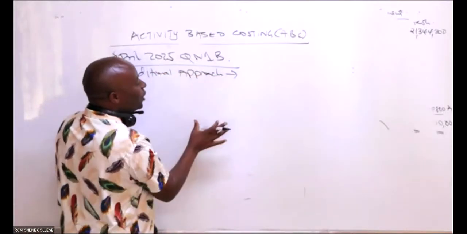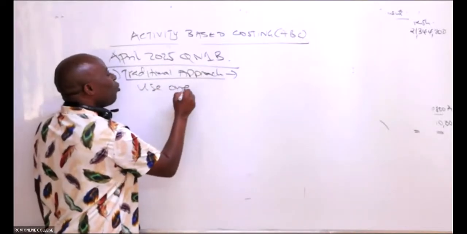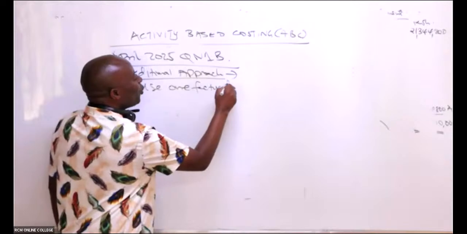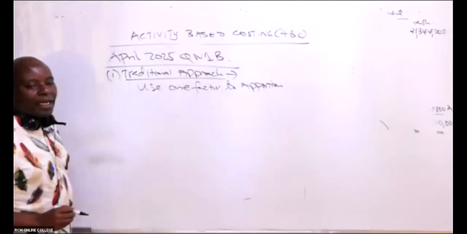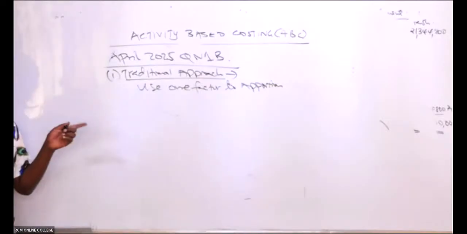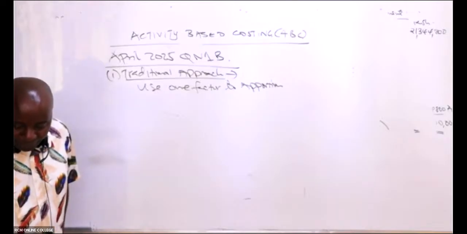Why am I saying it's the traditional approach? Because they have asked us to use one factor to apportion. And do we know this factor?